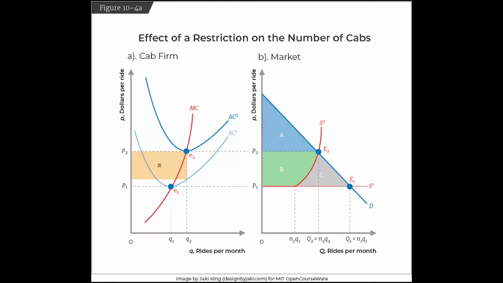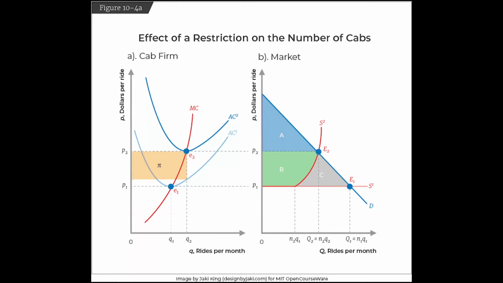S2 is the red line that is flat to the left of little n2, little q1, and then becomes upward sloping. The new equilibrium is at point E2, with n2 firms, by law you can only have n2 firms, producing little q2 rides each. Your new equilibrium is big q2, and the new equilibrium price is P2.